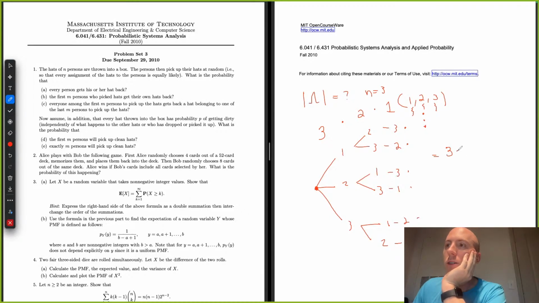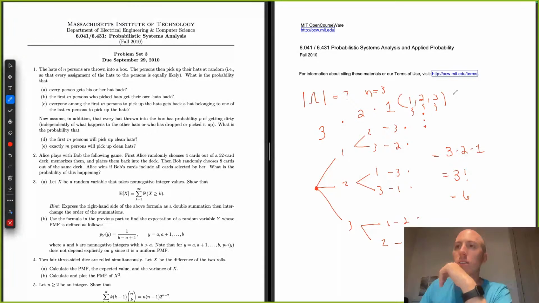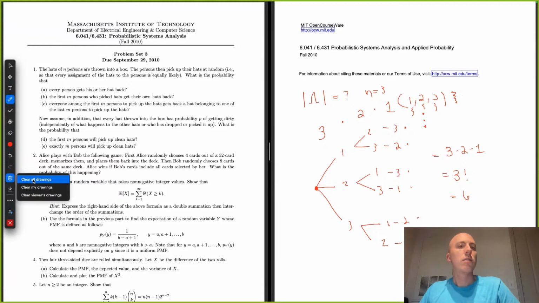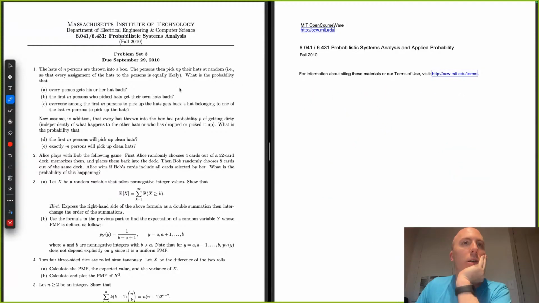This is 3 times 2 times 1. 3 factorial, 6 in this case. So that's the only addition we really made here, just thinking about the sample space. So anyway, what's the probability? Okay, 1 over n factorial, it's fine.